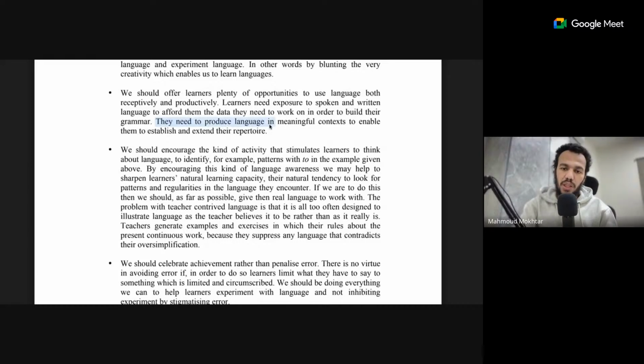They need to produce language in meaningful contexts to enable them to establish and extend their repertoire.